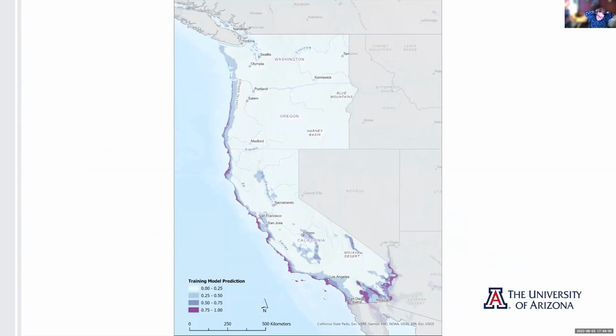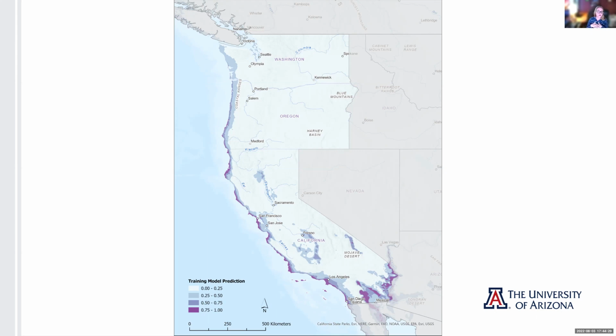All right, so this map shows the training model prediction that was an outcome of running all of that. Darker values correspond with higher probability of presence. Not surprisingly, the raster shows a higher probability of presence along the coasts. However, it also shows high probability in southeastern California, especially along the Colorado River.